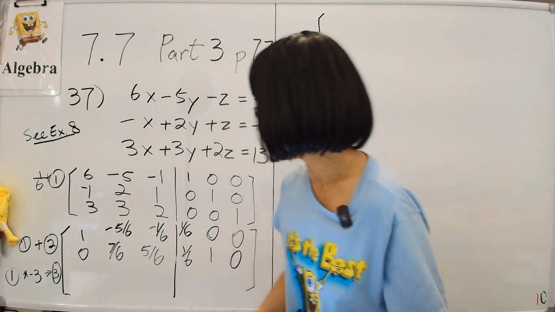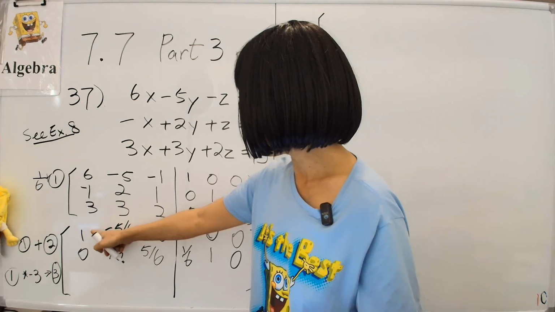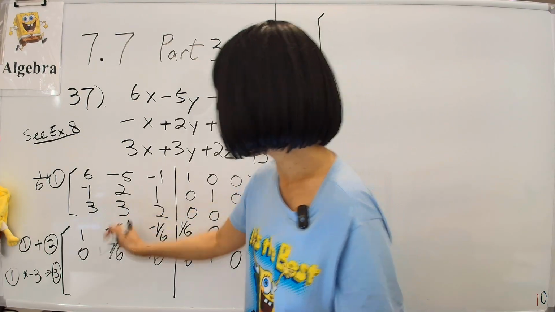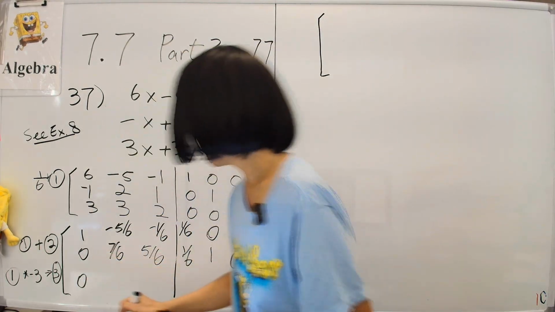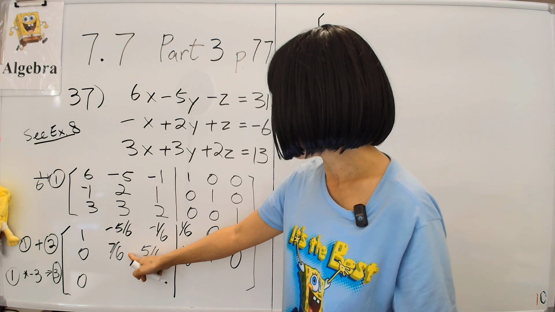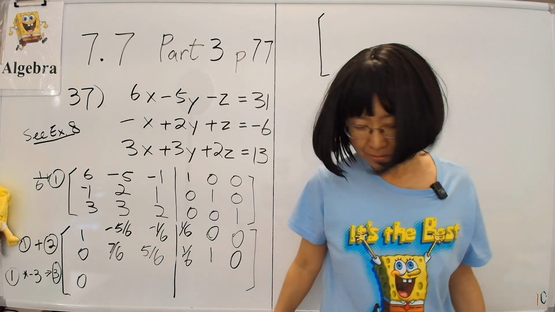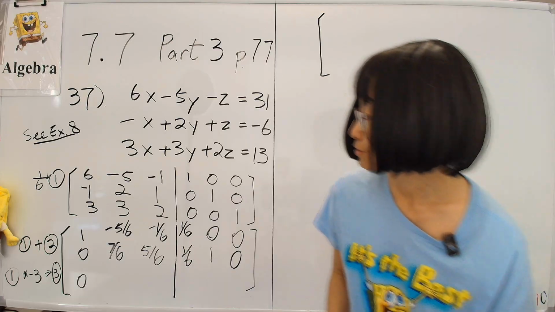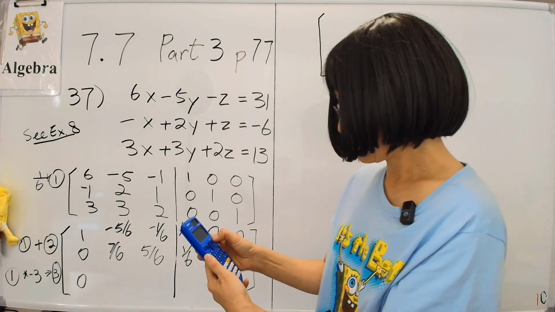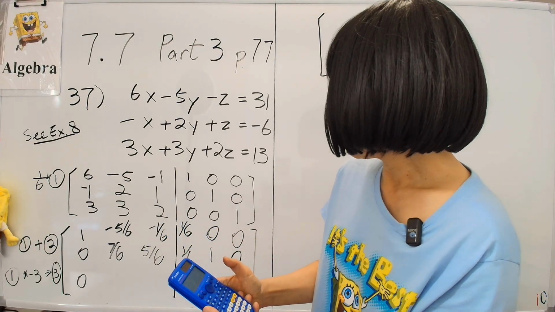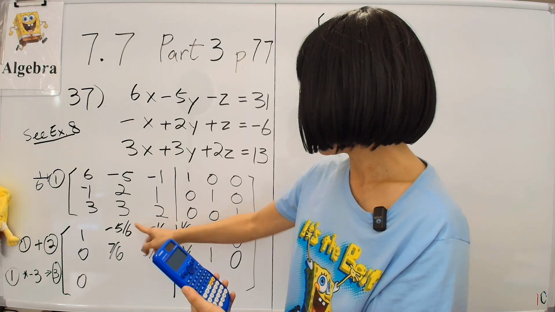All right, so row 1 right here times minus 3 plus 3, that will give us 0. Next, this thing times minus 3 plus 3. I'm going to use the calculator to do that so that I don't get too confused. So pulling out the calculator, row 1, that's minus 5 over 6.